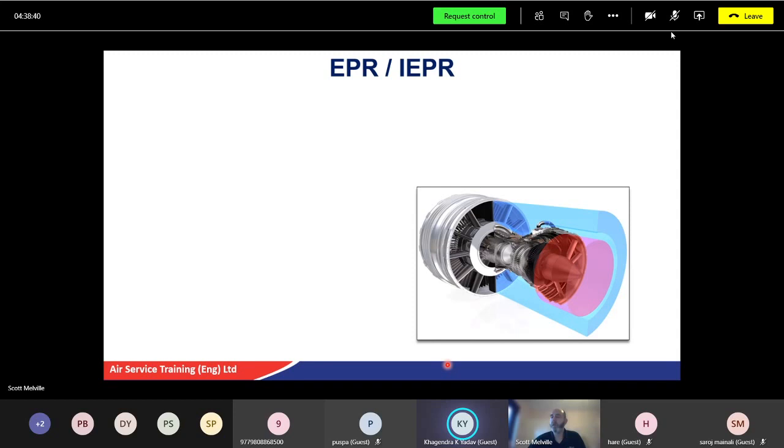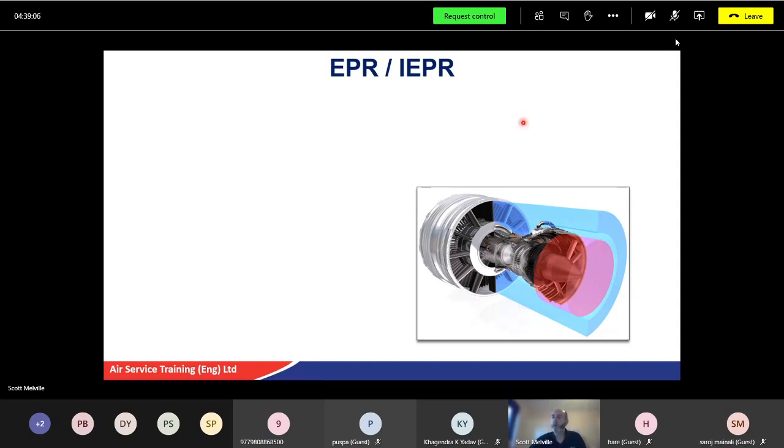Not a different spool, no. This picture gives you a clue. Bypass and the core engine. So the cold stream, the blue exhaust, the cold and the hot stream, and the exhaust pressure. You combine the two together, that gives us a combined exhaust pressure of cold stream and hot stream, okay?